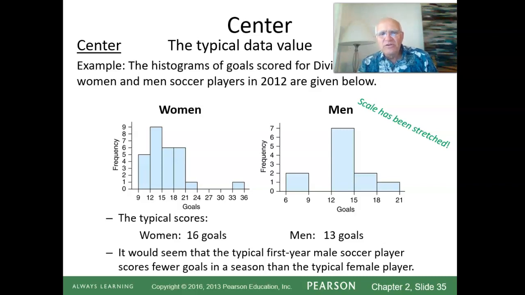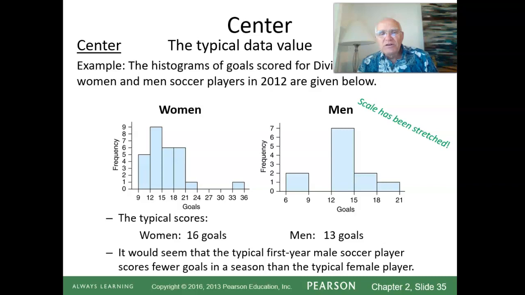So typical number of goals was 16 for the women, 13 for the men. So it appears that the typical value is a little bit bigger for the women than it is for the men.